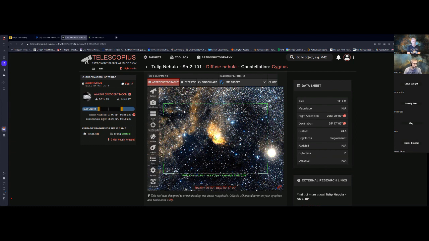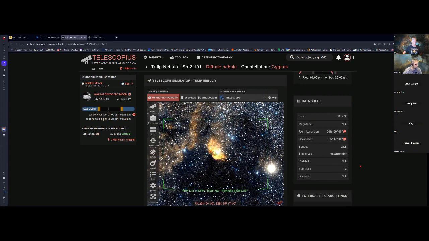What do y'all think about the Tulip? I don't have it, but it seems like a nice target. Yeah, it's Sh2-101. The Sharpless catalog is just full of neat stuff.